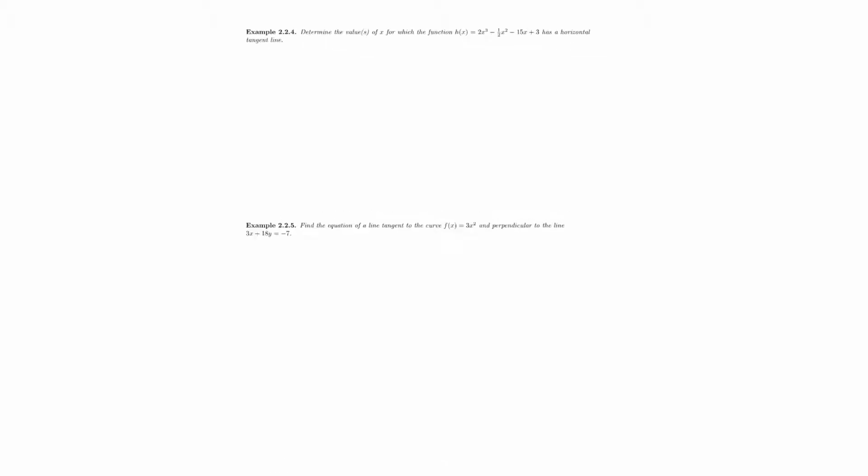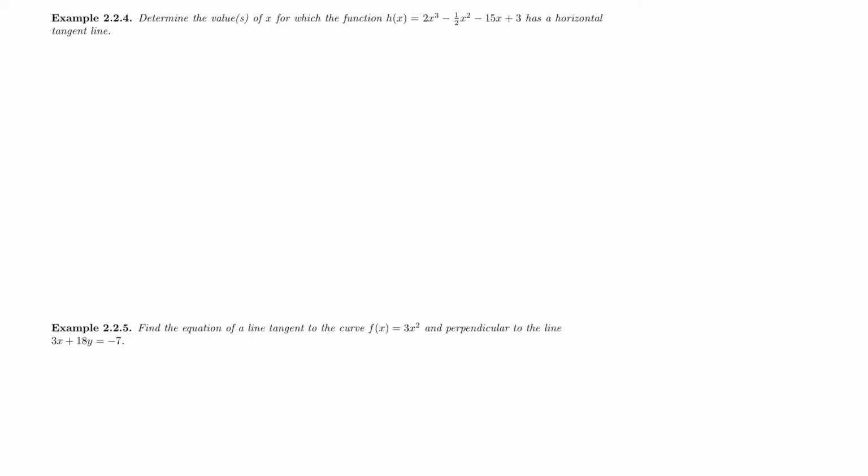All right. Example 2.2.4: determine the values of x for which the function h of x equals 2x cubed minus 1/2 x squared minus 15x plus 3 has a horizontal tangent line. Okay, has a horizontal tangent line.